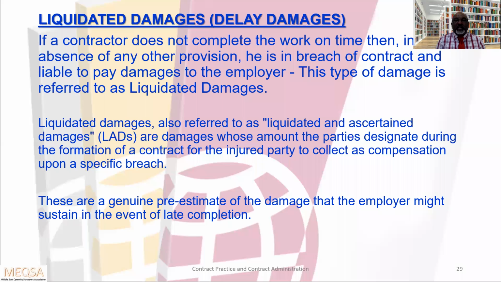Liquidated damages, also referred to as liquidated ascertained damages, are damages whose amount the parties designate during the formation of the contract for the injured party to collect as compensation upon specific breach. These are a genuine pre-estimate of the damage that the employer might sustain in the event of late completion.